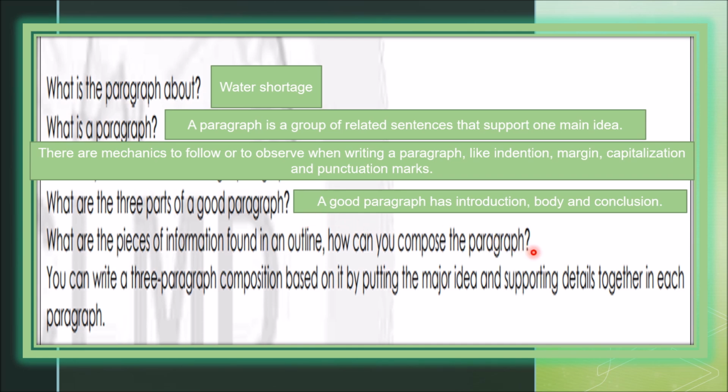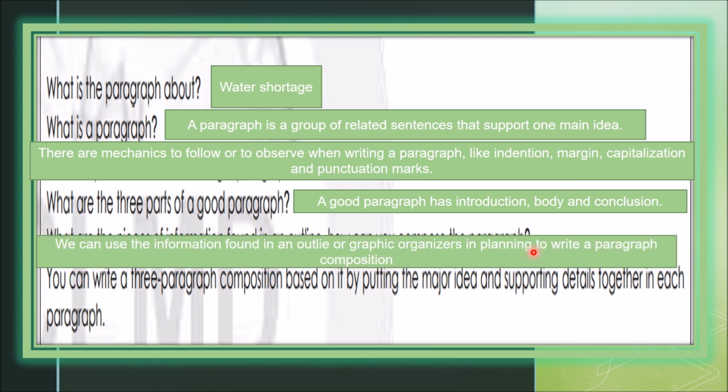Okay, next question. What are the pieces of information found in the outline? How can you compose the paragraph? Kaya nga nakita natin sa outline, we can use the information found in the outline or graphic organizer in planning. Diba? Para mag-planning to write a paragraph. Kaya nga tayo nakagawa ng paragraph dahil doon sa outline. Nakapag-plan na tayo.